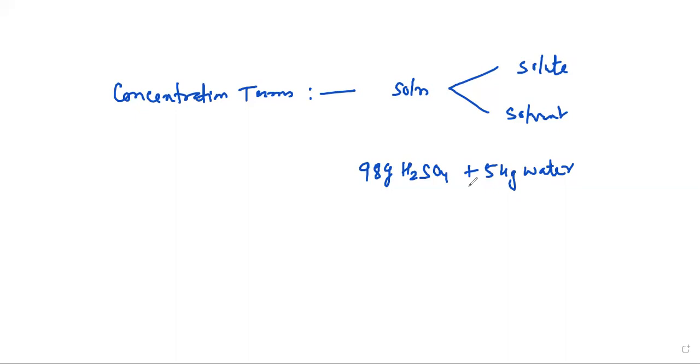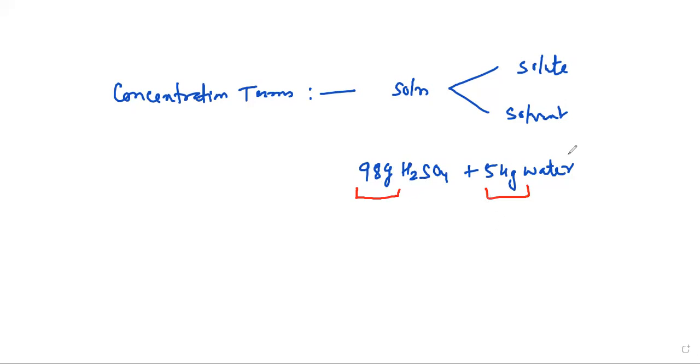Solvent is water, but how? Like limiting reagent, it's not that the lesser amount of reactant is the limiting reagent all the time, or most of the time. So you just calculate the number of moles.